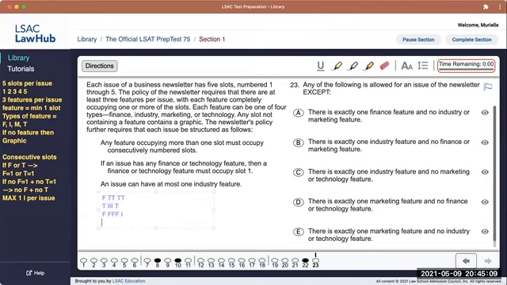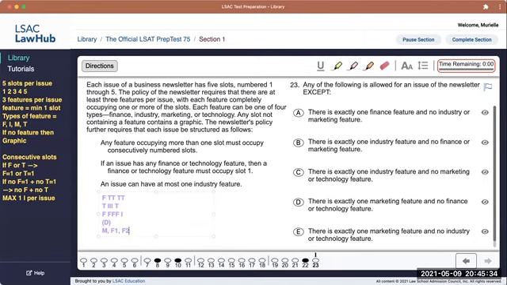That's not possible. Let's show how E is possible. So E, there's exactly one marketing feature and no industry or technology. So we'll have to fill in the rest with finance, but we can have finance 1 and finance 2, and we just have to arrange them so that finance occupies slot 1 in order to fulfill the requirements of rule 2.